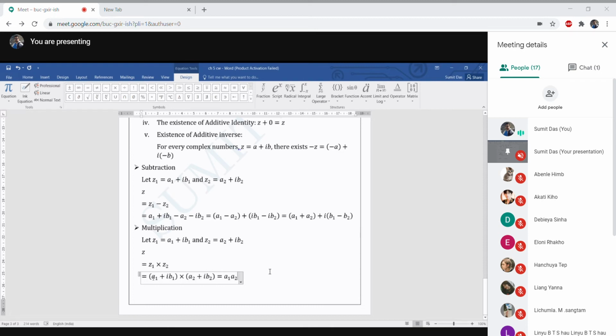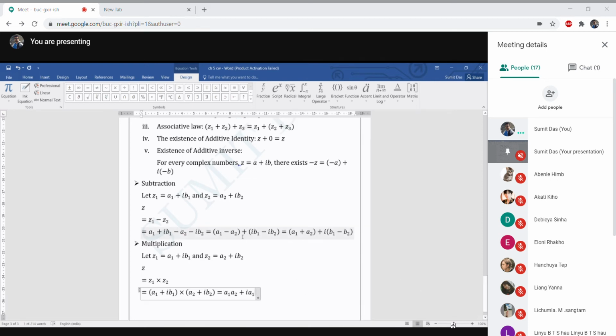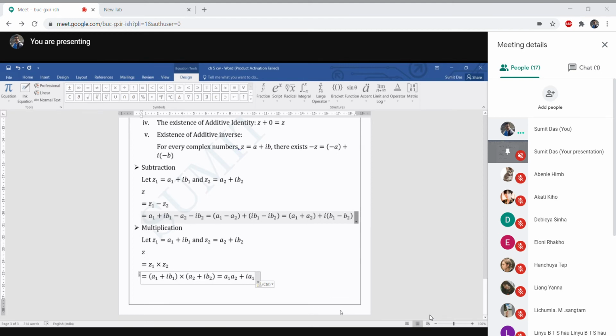Then a1 multiplied with ib2, so it will be plus i a1 b2.